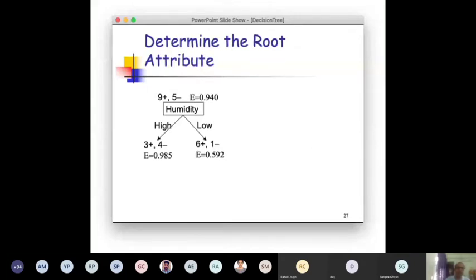If you consult the training examples, you will find that with the value of humidity high, there are 3 positive examples and 4 negative examples. Similarly, with the value of humidity low, there are 6 positive examples and 1 negative example. Naturally, the second one will have low entropy because you have very skewed data, whereas the first partition will have high entropy.